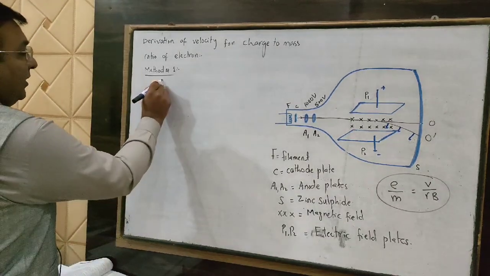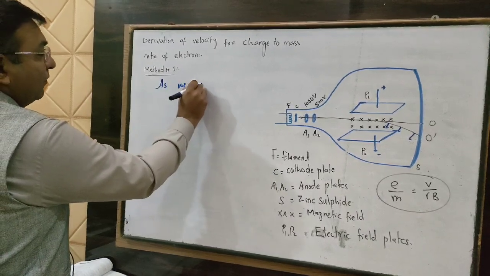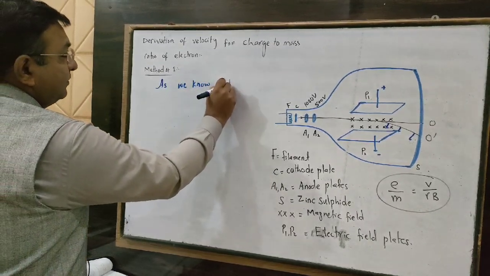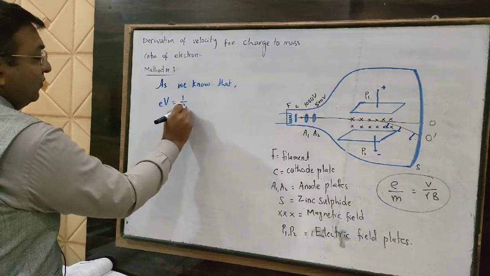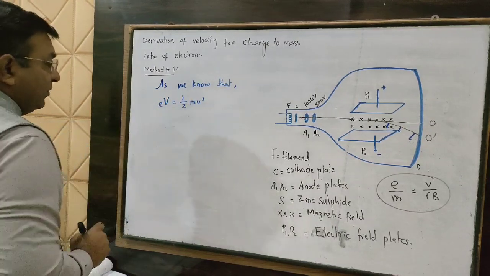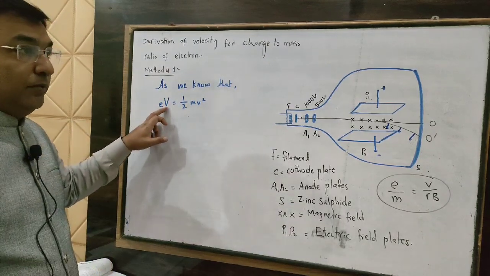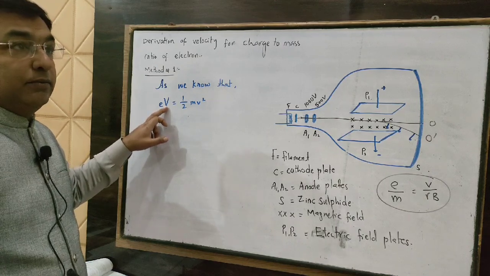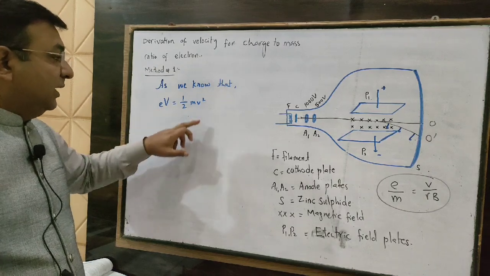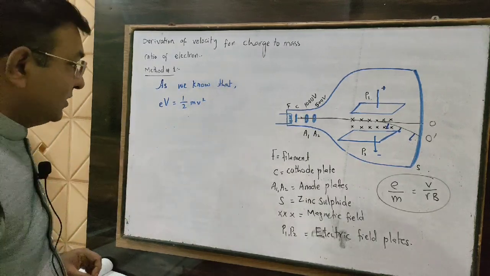But we are writing this equation as: we know that electron volt is equal to 1/2 mv². In this case, this capital V we are taking as the voltage potential difference, and in this equation small v represents the velocity.